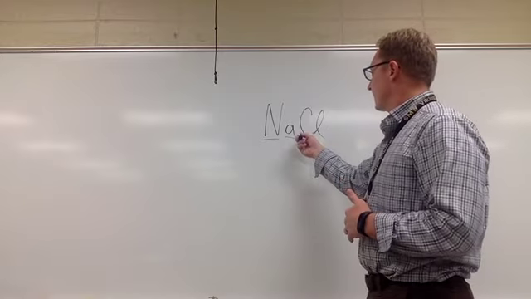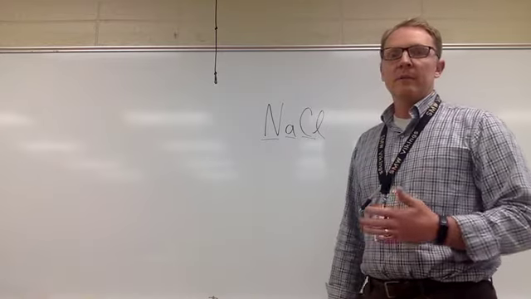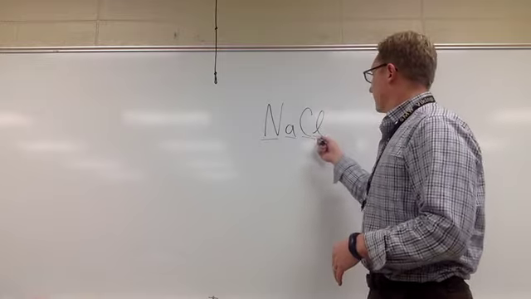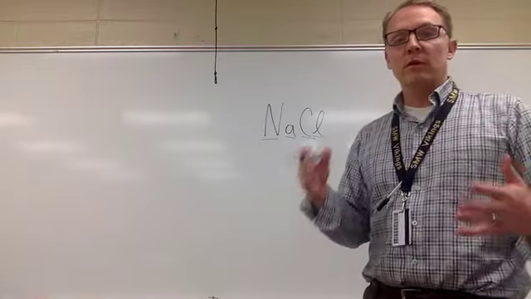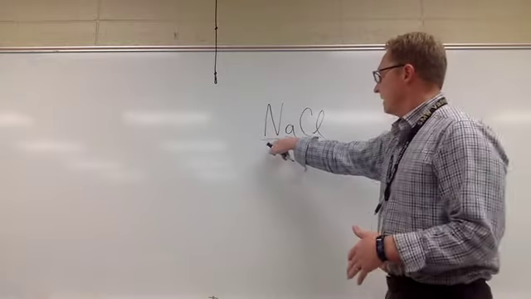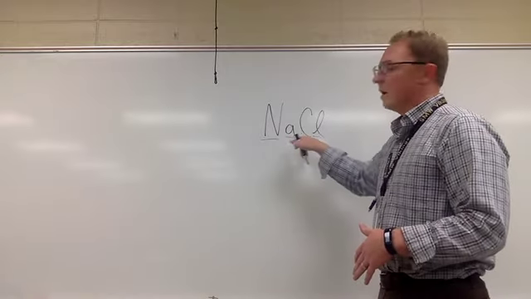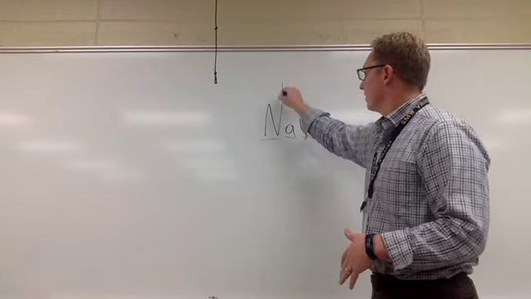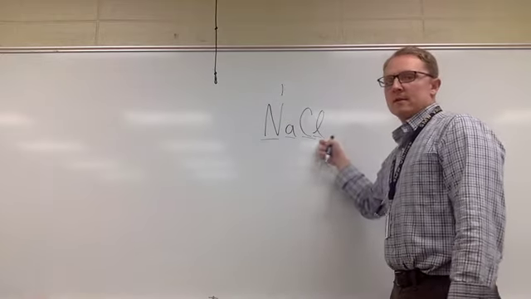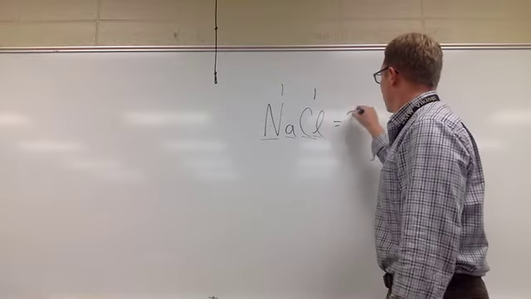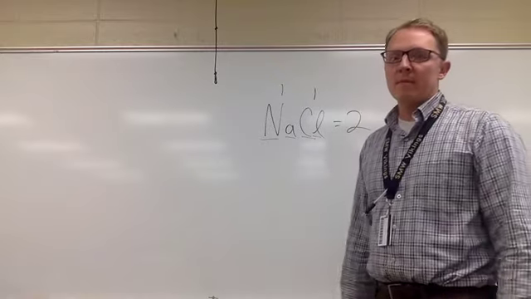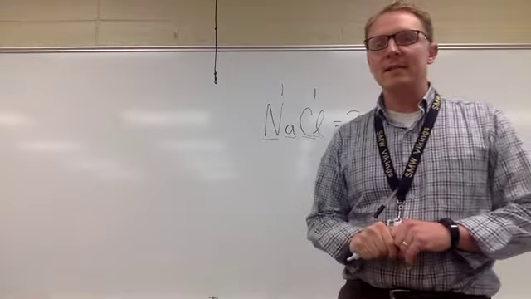It's not until we get to the capital C that we get to element number 2, and the lowercase l belongs to it. So in this basic one, when we count atoms, look for capital letters. Na is sodium, and since there are no numbers next to it, we automatically have one of those. And chlorine, since there are no numbers next to it, we automatically have one of those. This is a total of 2 atoms that make up sodium chloride, or NaCl.